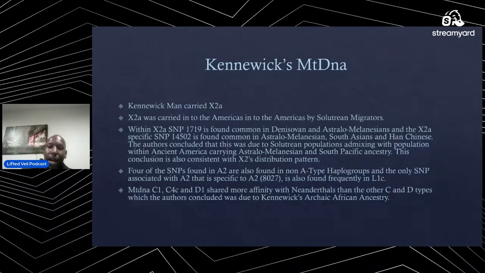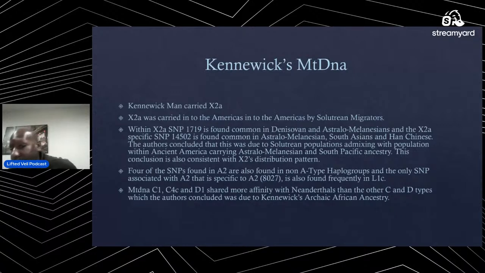Okay, the reason why I added that part in is because the distribution pattern for X2a is East Coast prevalent. You know what I mean? It's clustered on the East Coast, and that's supposed to be the coastline where this Solutrean population migrated into. Again, X2a is not found anywhere outside of North America.